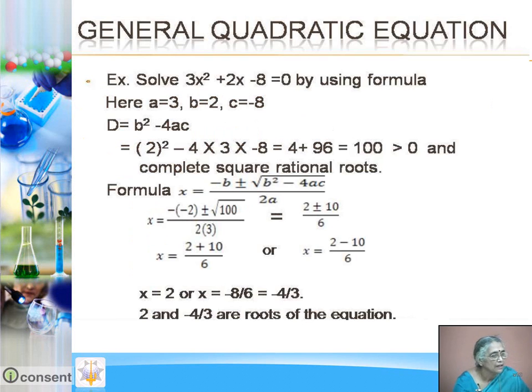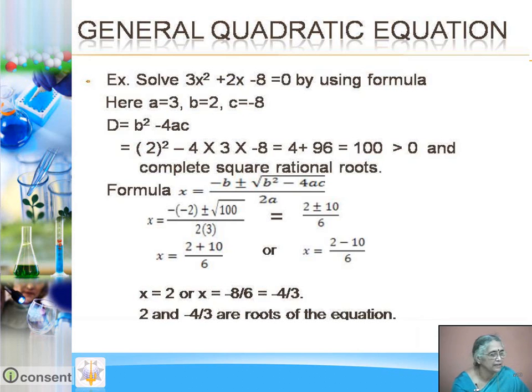One more example. 3x² + 2x - 8 = 0. By using the formula, we can solve this equation. Here a = 3, b = 2 and c = -8.